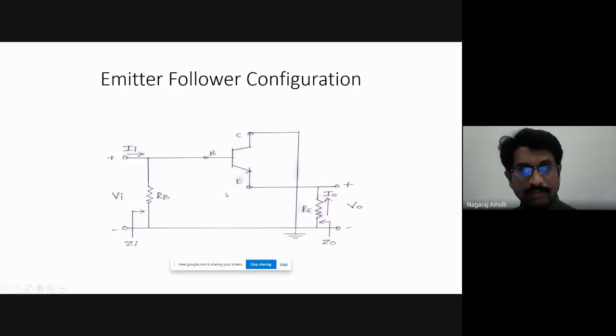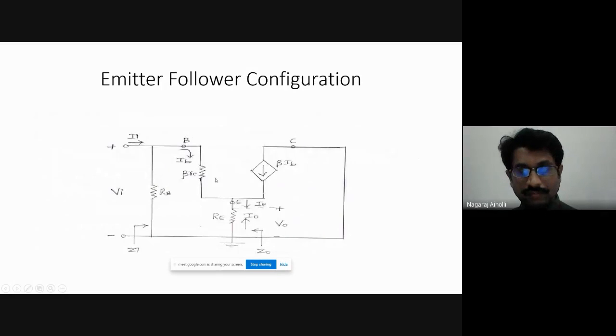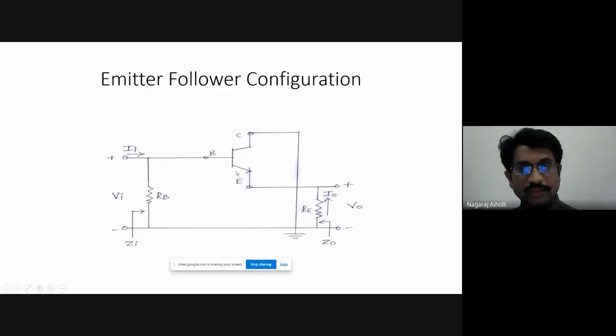This base to emitter junction is similar to a PN junction diode, as we discussed for the previous circuits. Therefore, it can be replaced by a diode, and the diode can be replaced by its AC resistance, small re, the emitter resistance.